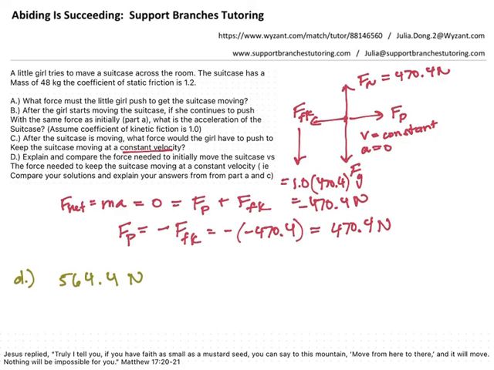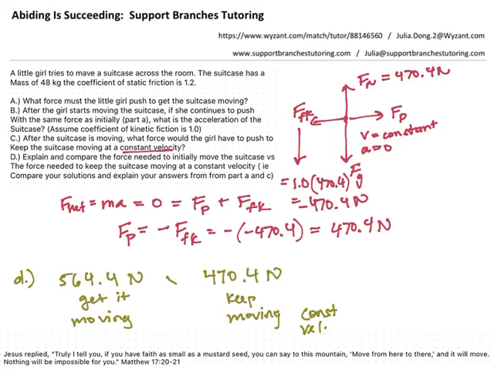That's to get it moving. Versus keeping it moving at a constant velocity, we only need 470.4 newtons. And that's to keep it moving at a constant velocity.